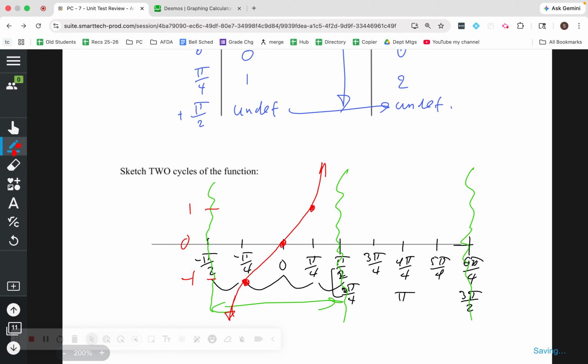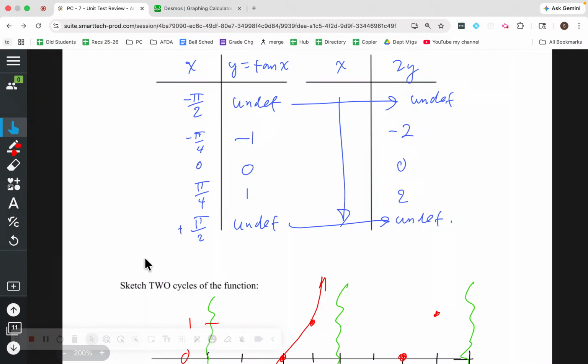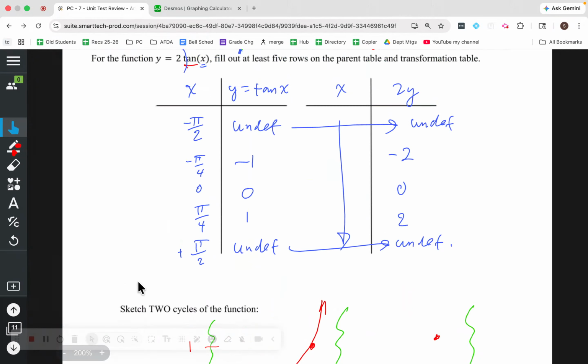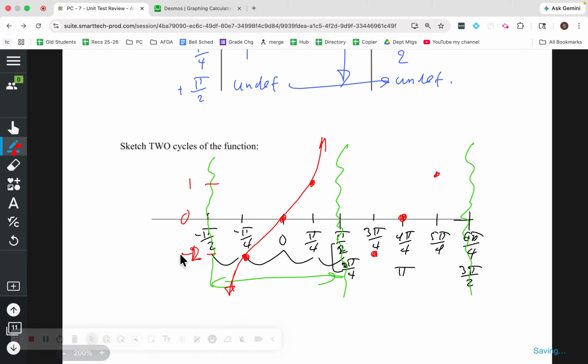And we can repeat that pattern for 3π/4, pi, 5π/4. Oh, goodness. The y's are not the same. It's stretched. So you know what I'm going to do? I'm going to relabel this. This is -2, and that's +2.